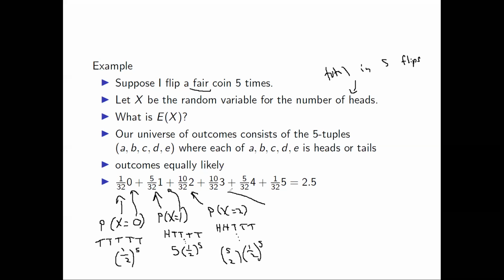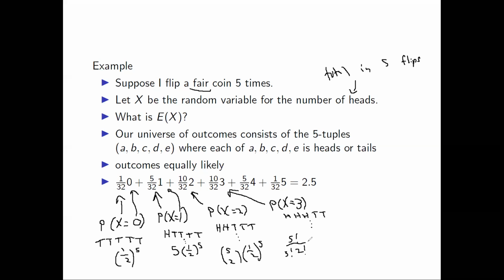This one is the probability that X equals 3. And this is going to be HHHTT and some others. And we can see that the number of those is going to be 5 factorial over 3 factorial times 2 factorial.